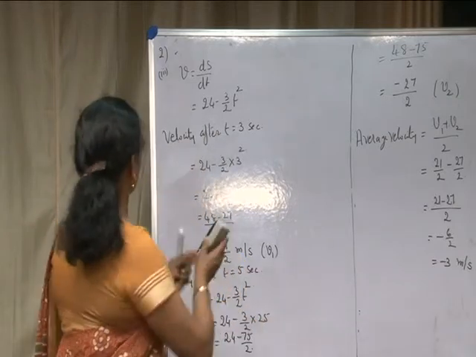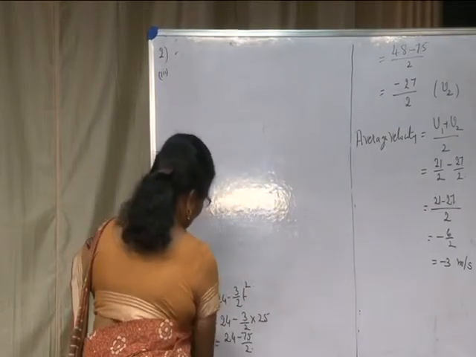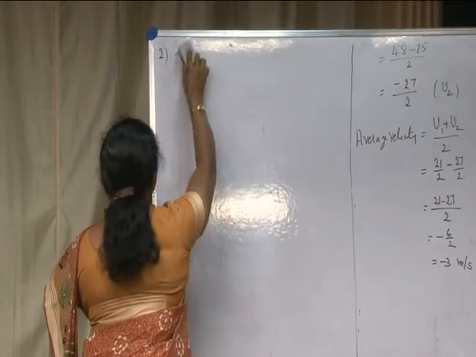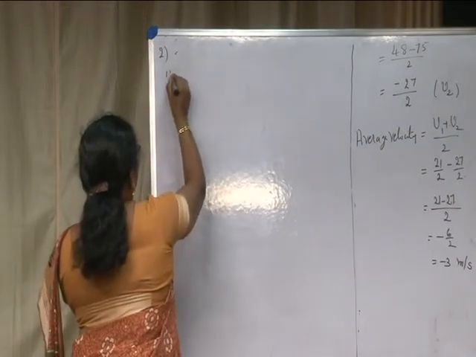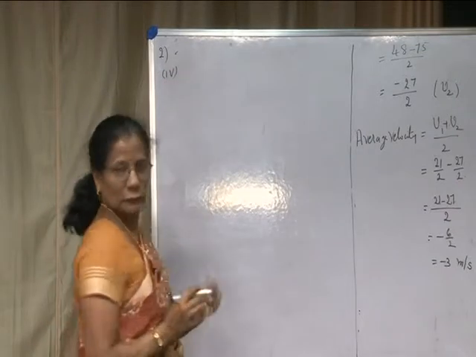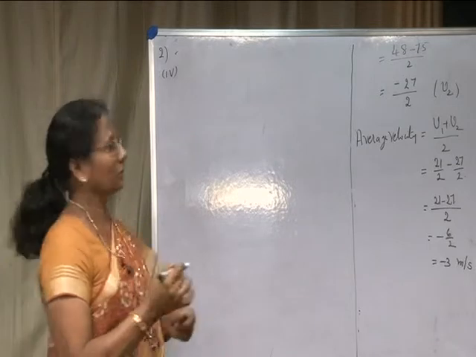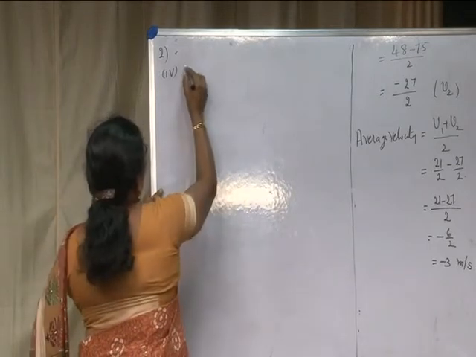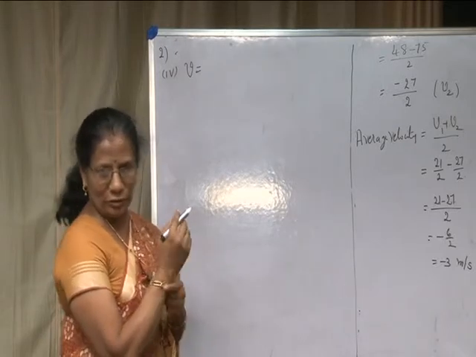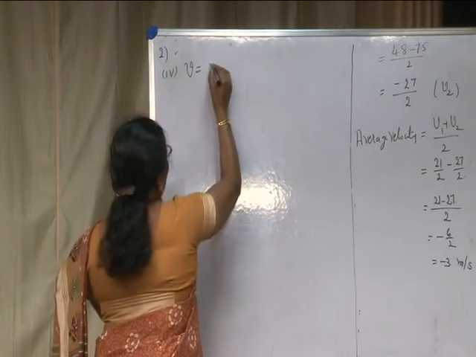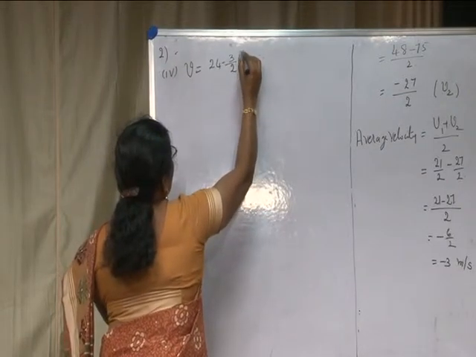The fourth one is the time at which the particle comes to rest, the velocity is equal to ds by dt. The velocity is equal to 24 minus 3 by 2 t square.